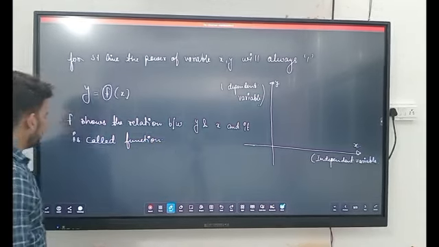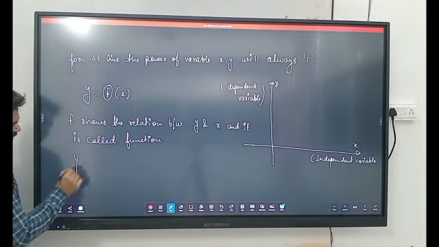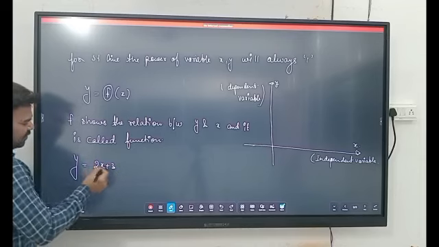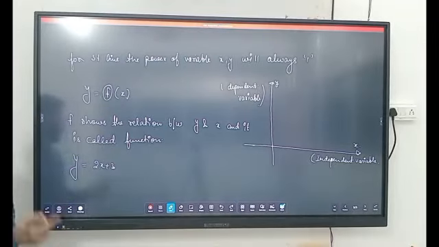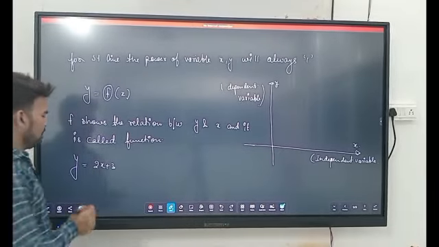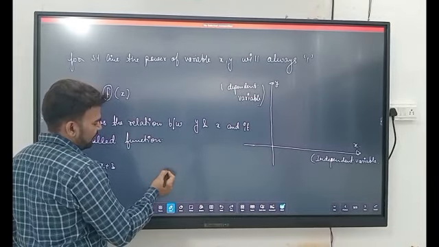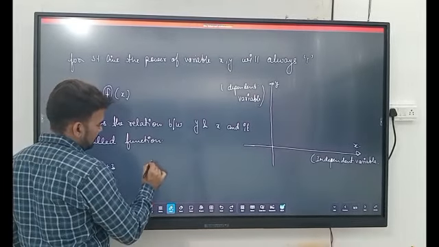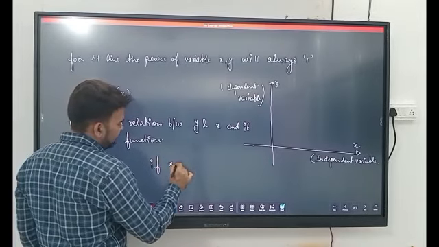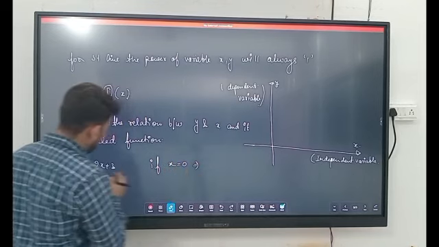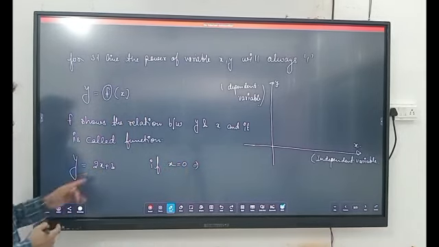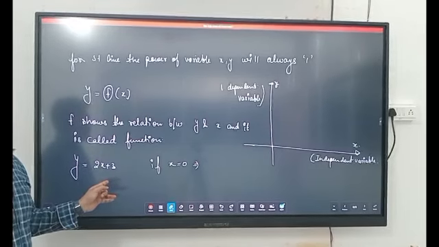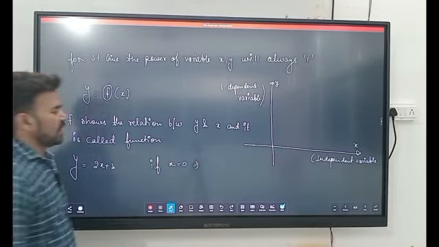Let us suppose y equals 2x plus 3. It means that for any value of x, we will get one value of y, right? See this properly. Let us suppose the value of x is 0. If I put the value of x over here, what will I find? y equals 2 into 0 plus 3. It will be equal to what? 3, right?